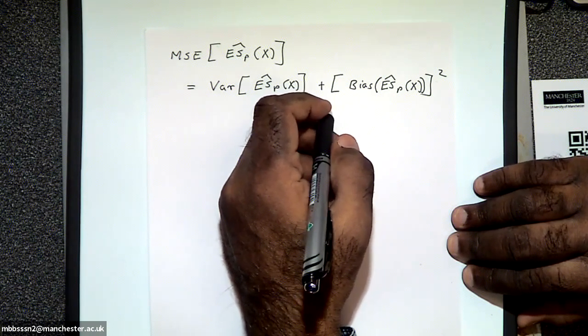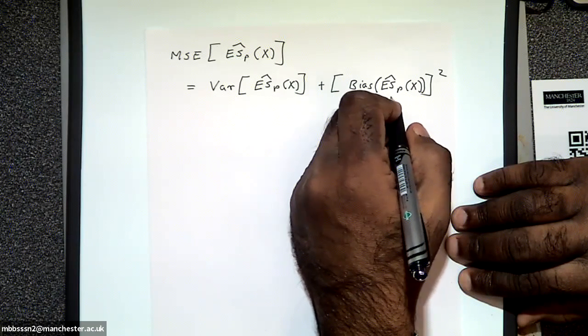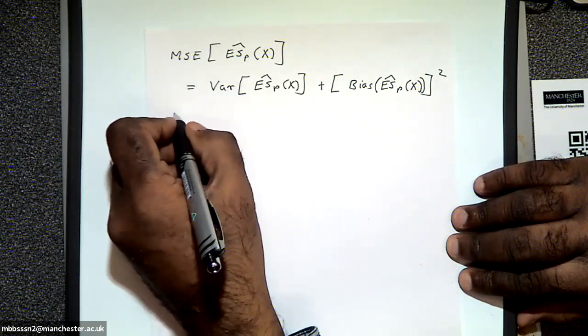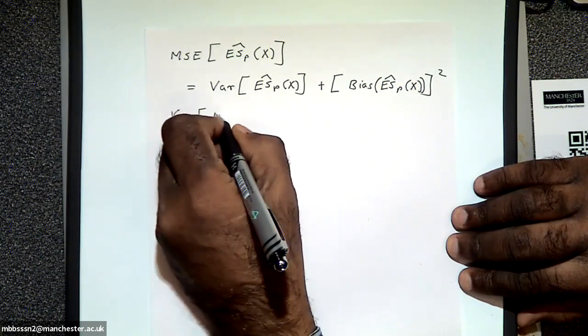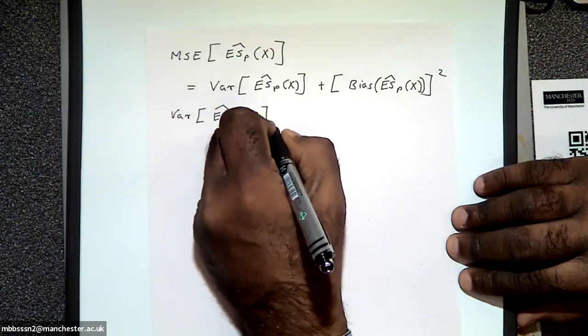We already found what the bias is, right? So all we need to work out is the variance. So we need to find the variance of the estimator of expected shortfall, right?